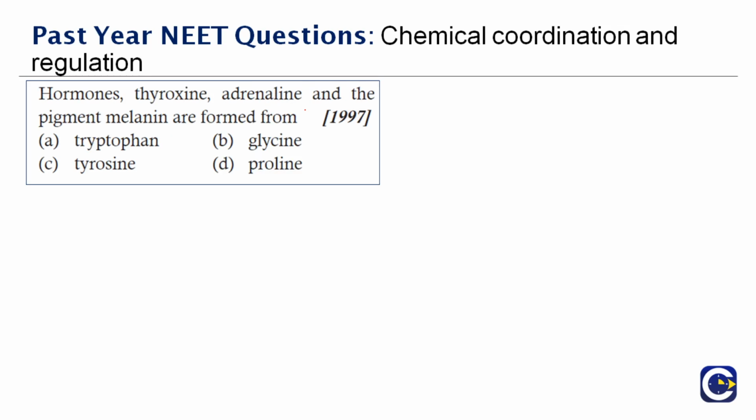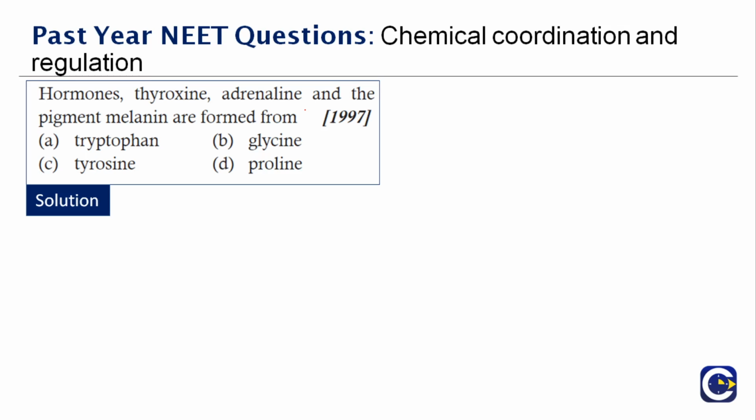Okay, next question here. Hormones thyroxine, adrenaline, and the pigment melanin are formed from dash.